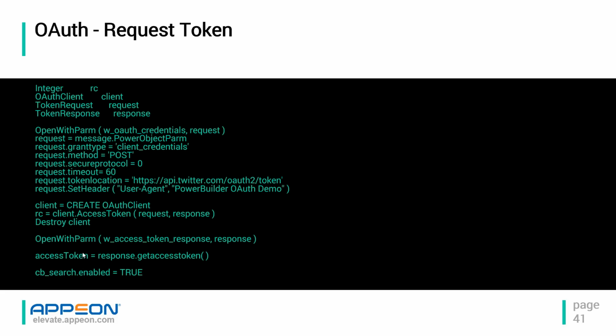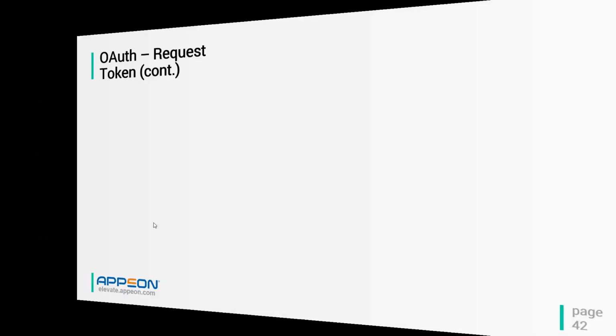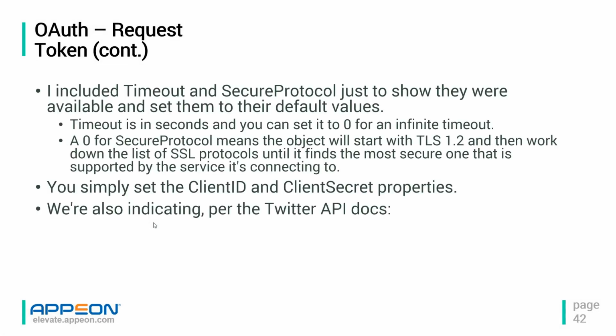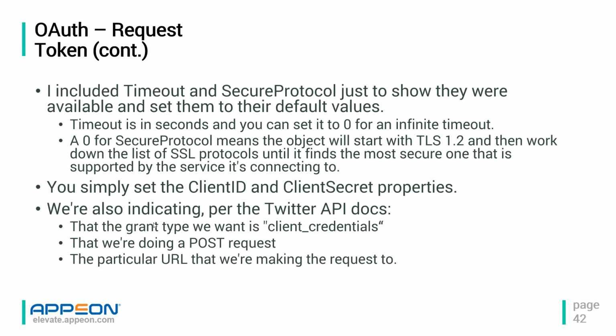So I just say get the access token. That search button wasn't enabled until I actually got a token back, so I set it to enabled. There's some notes about what was going on here. I basically explained all this already.